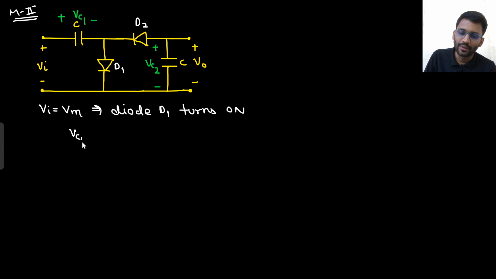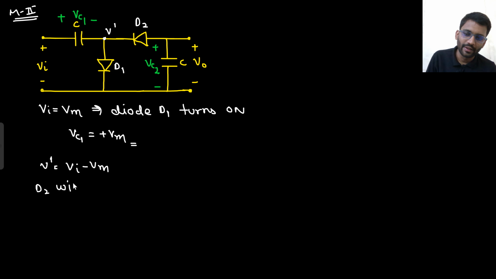So Vc1 would be equal to plus Vm. Well and good. Now what about this potential? V dash would become V in minus Vm. D2 can turn on when Vin is equal to 0.